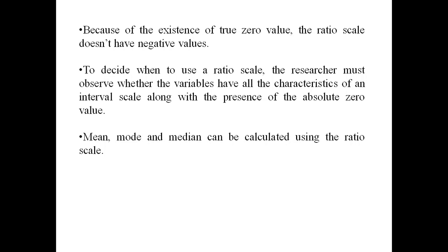If you have zero money, this actually implies the absence of money. Since money has a true 0 point, it makes sense to say that someone with 50 cents has twice as much money as someone with 25 cents.